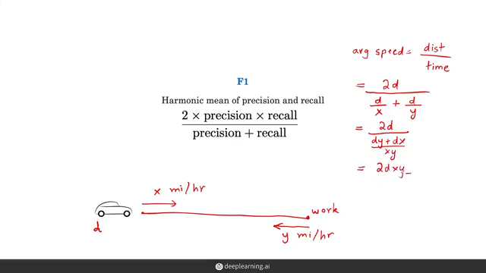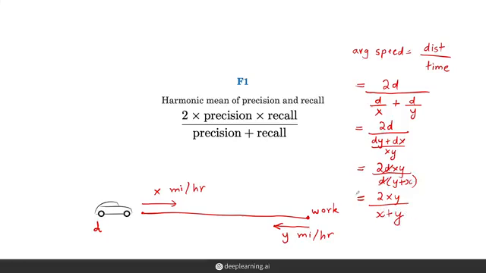We have 2dxy over d(y plus x). And here we can cancel d from the numerator and the denominator to give us 2xy. And I'm going to reorder these to get x plus y.